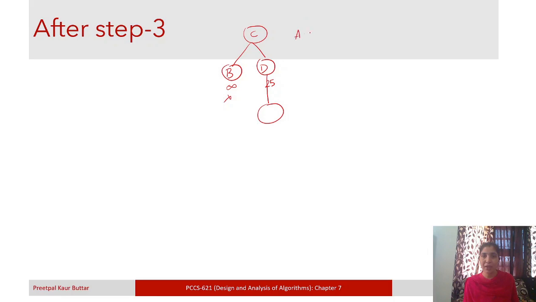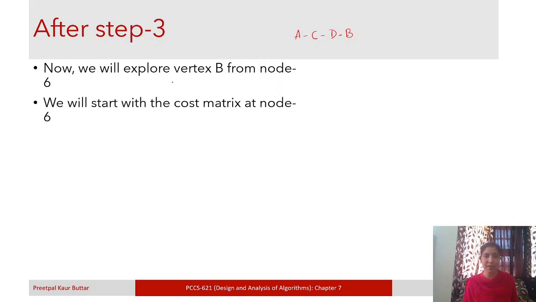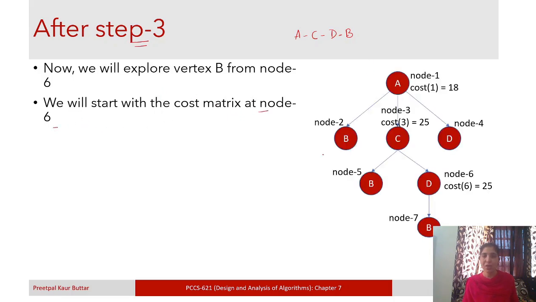We have got A, we have got C, then we have got D. So the only node which is left is B. So it means from D we can explore B. In the next step, that is step 4, we will explore vertex B from node 6, that is D. So we will start with the cost matrix which we received at step 3 for node 6, right?